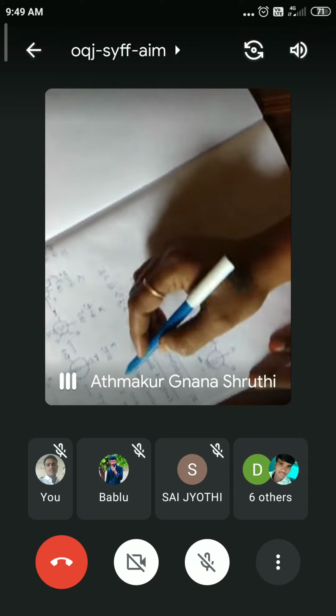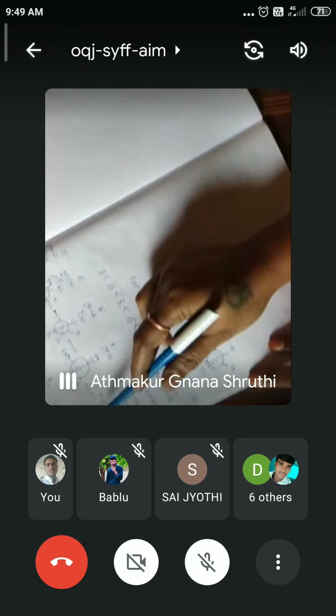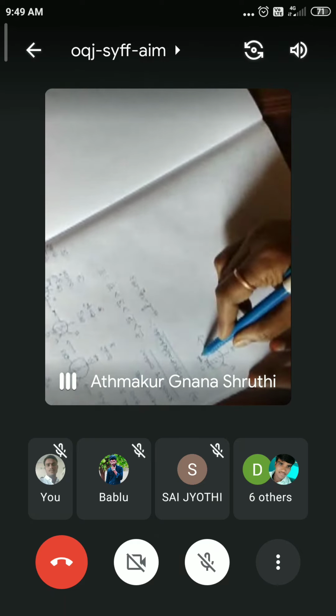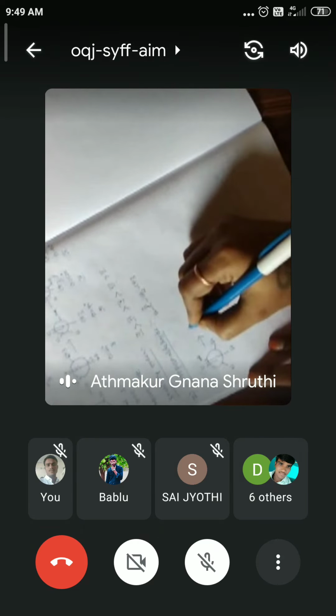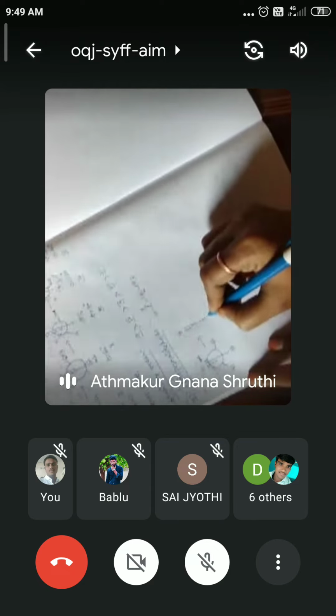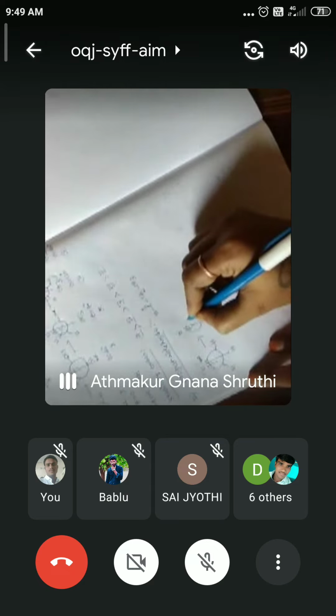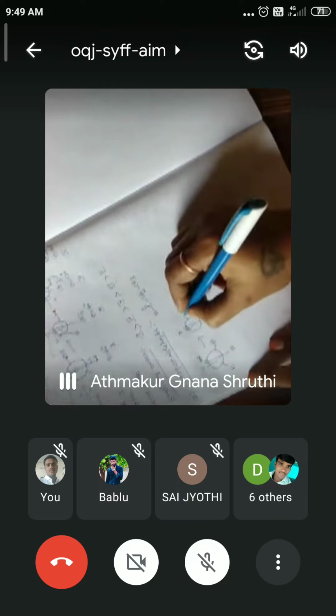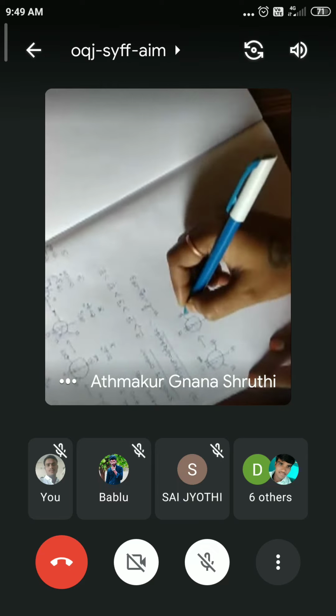So if you observe here, we have two methyl groups, but here only one methyl group. That's why we are reducing the structure from 5 to 4 only. So depending on the molecule also, we get the conformations.